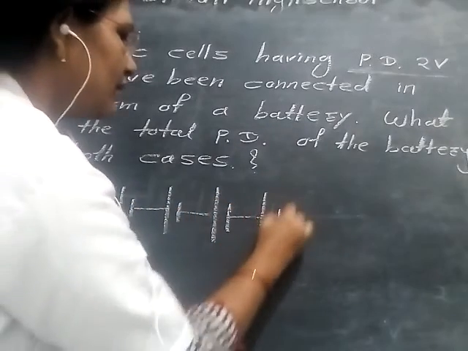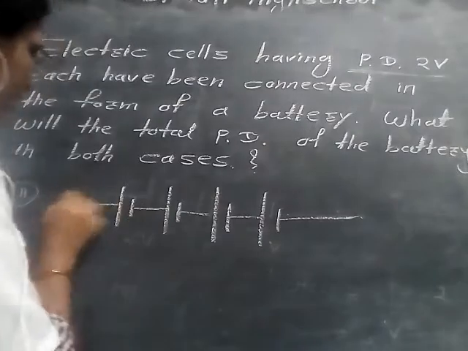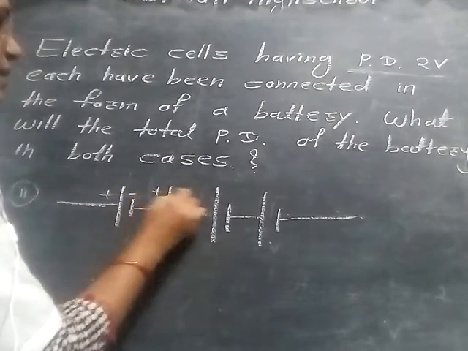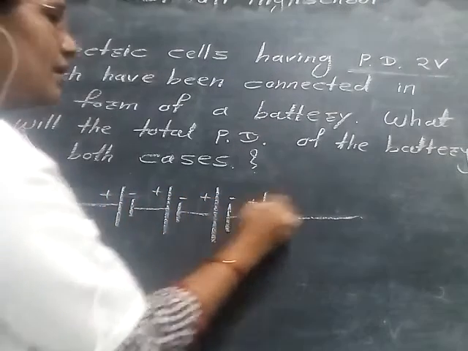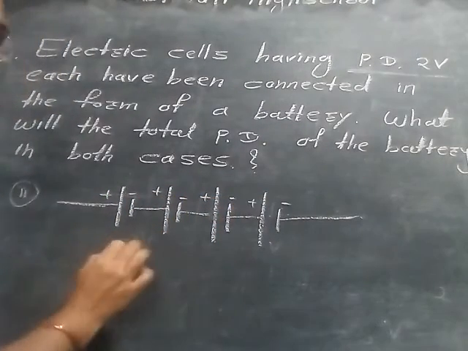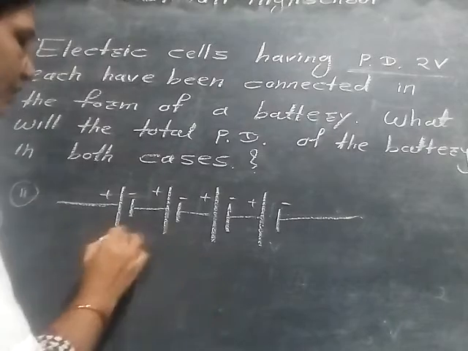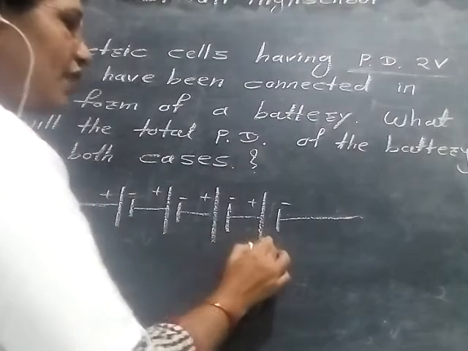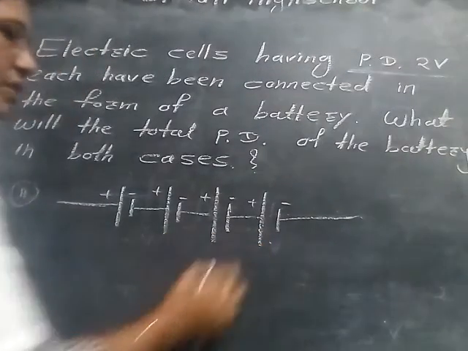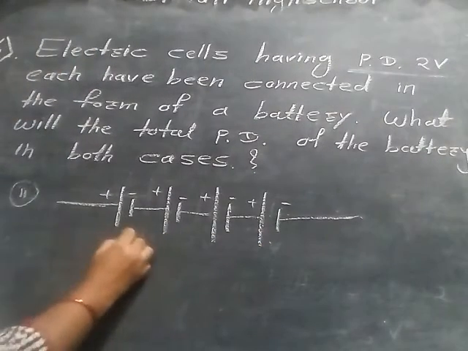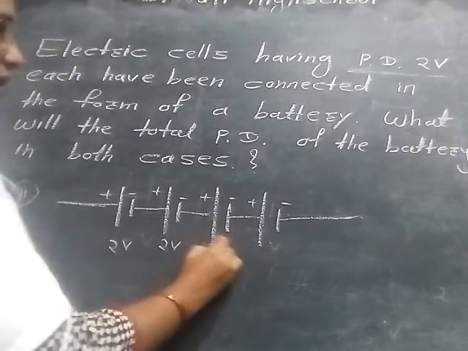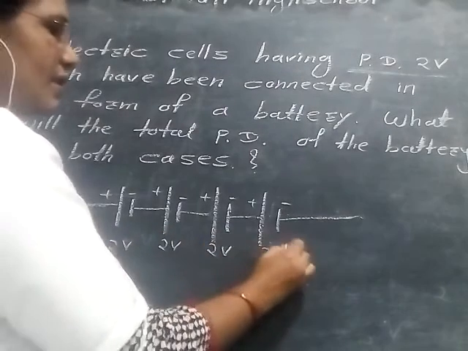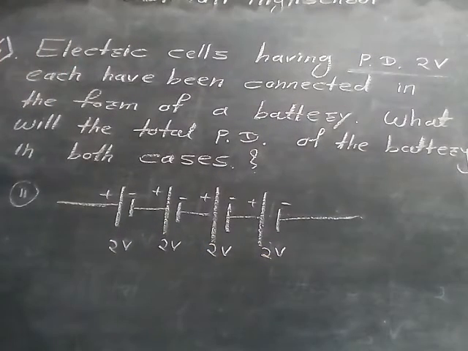These are the 4 cells, positive, negative, plus, minus. Again each cell has a potential difference of 2 volt, so we can write this is 2 volt, this is 2 volt, this is 2 volt, this is 2 volt. Now we have to find out the total potential difference in the battery.